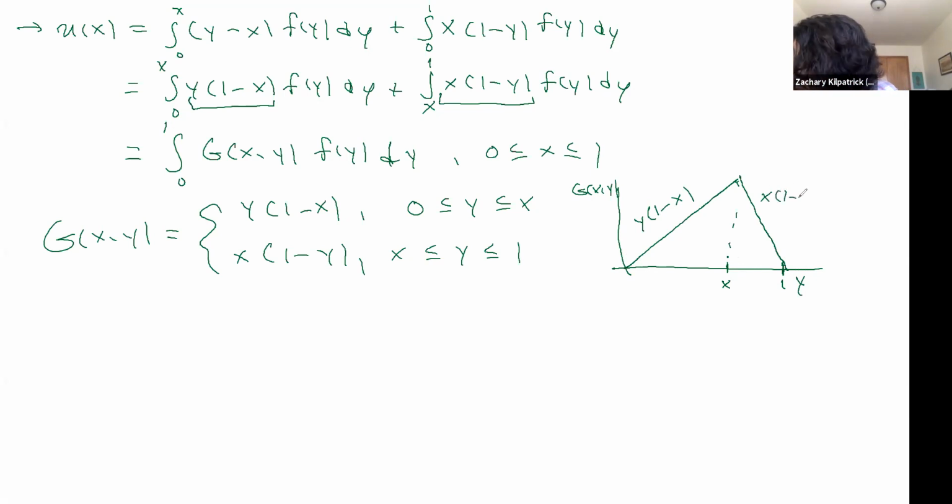And on the downstroke here, I have x times (1 minus y), okay. And they meet together. It's continuous, but there's this kink that when you differentiate it twice, you get a delta distribution. So you get a singularity, okay. So again, for a Poisson equation on a bounded domain, I can get this Green's function by hand, okay? Questions about this?